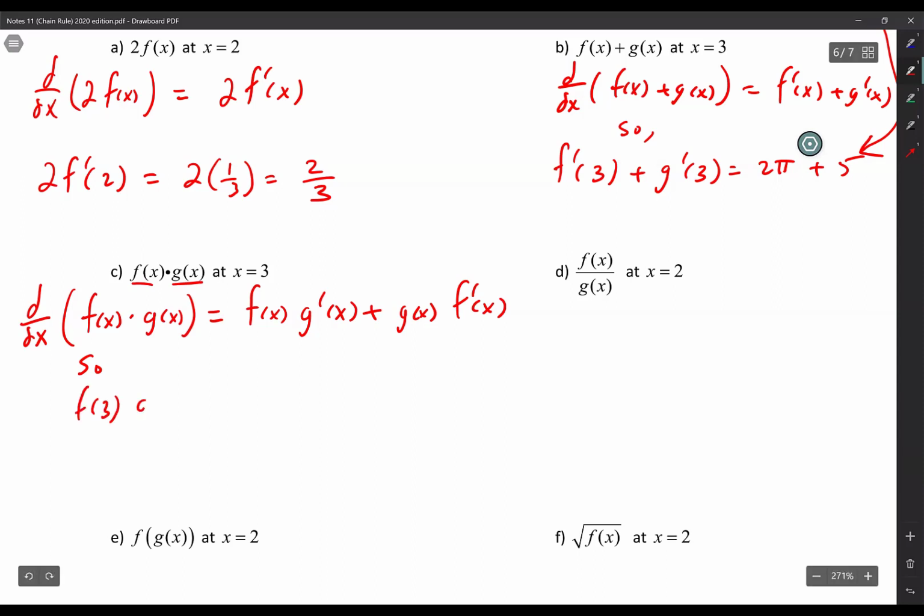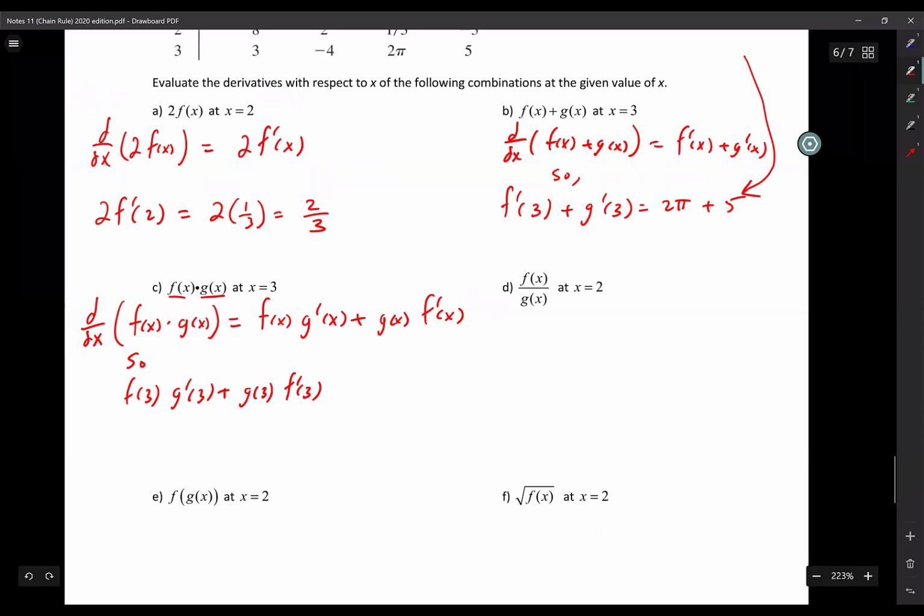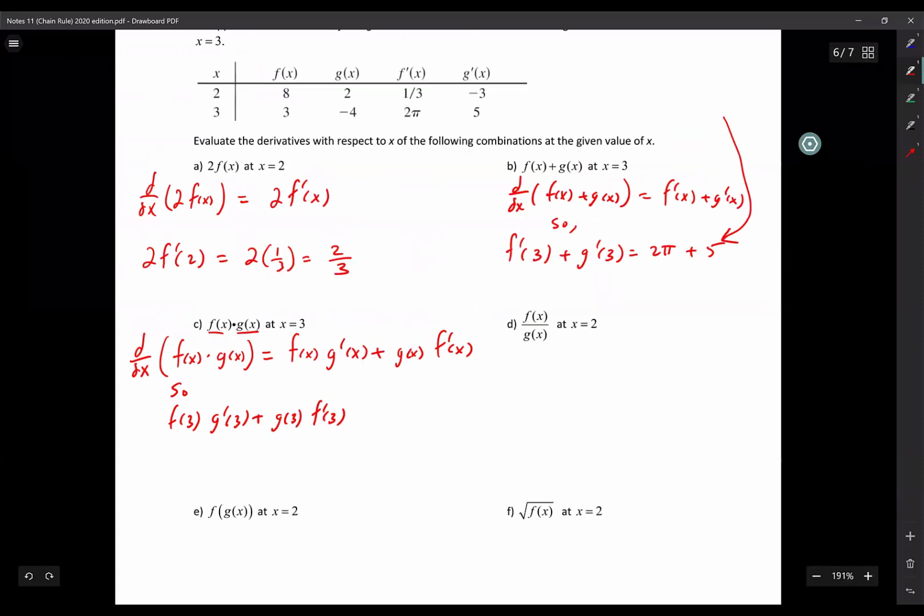F of 3, g prime of 3 plus g of 3, f prime of 3. And then I'm going to minimize this so I can see what my table is, guys. F of 3 is 3. G prime of 3 is 5. G of 3 is -4. F prime of 3 is 2 pi. So let's see, 15 minus 8 pi.